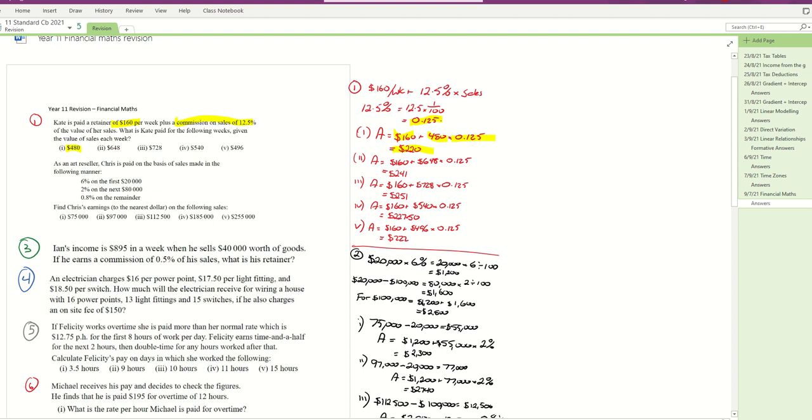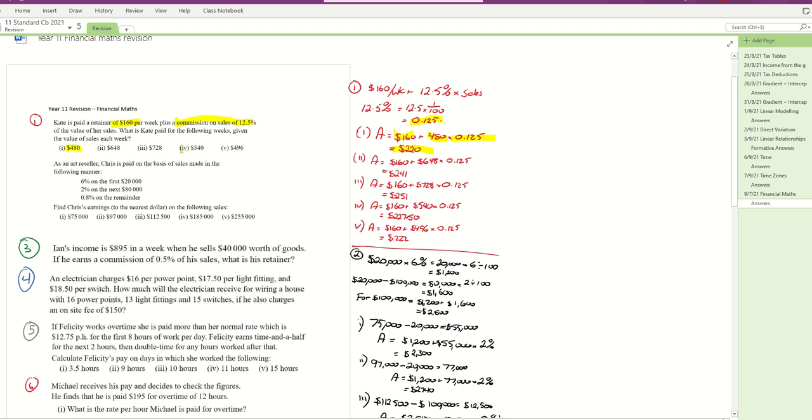This is just an exercise where I repeat this for the 5 different questions. There's nothing different. She is paid the same commission on her sales from $0 to whatever she sells, and there's no different rates. So those 5 questions are doing the same thing.